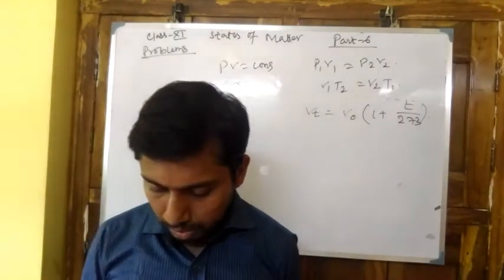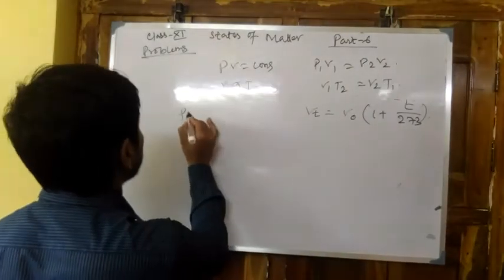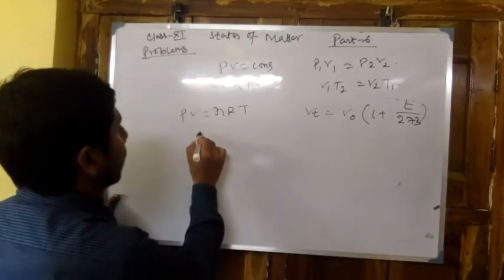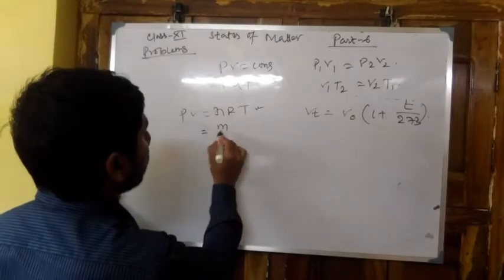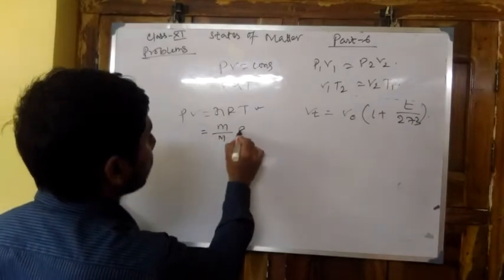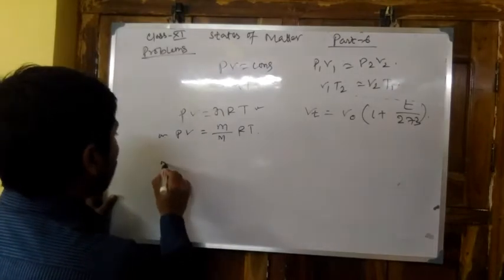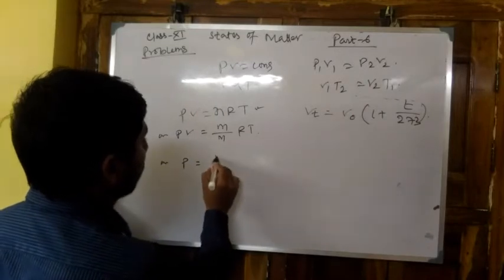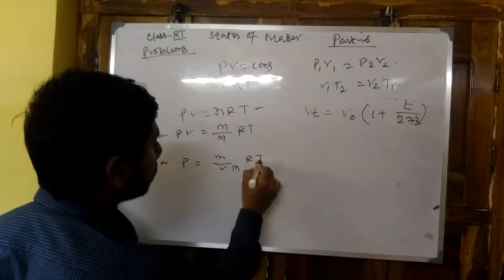Next one is the ideal gas equation: PV equals nRT. We know that n equals small m by capital M, so PV equals m by M into RT, or P equals m by V into RT by M.